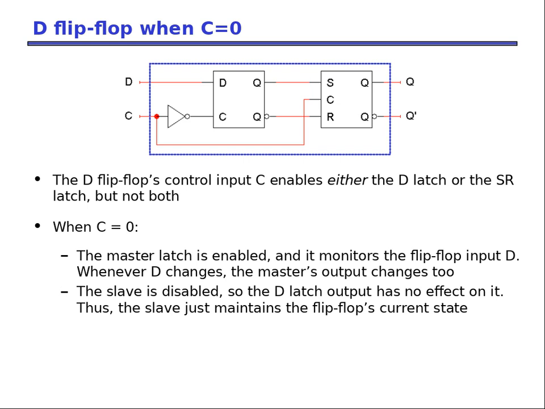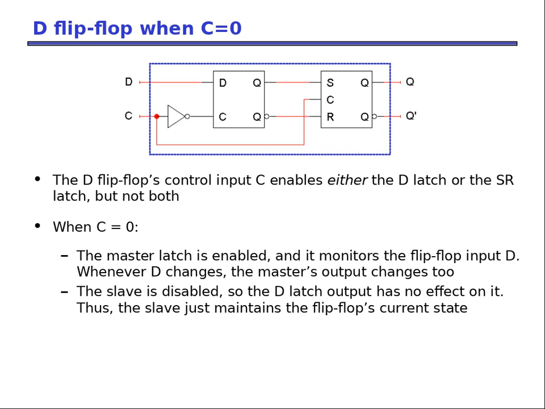All right. Let's see. So when C is 0, that means that the SR latch is holding its value. So the value coming out of the flip-flop is what was in there before C changed. So it's just outputting it.